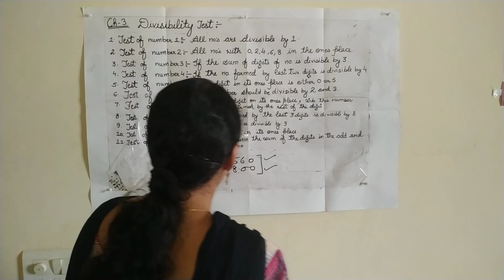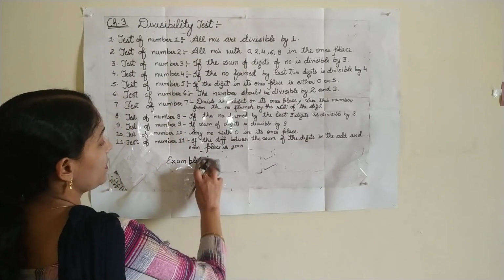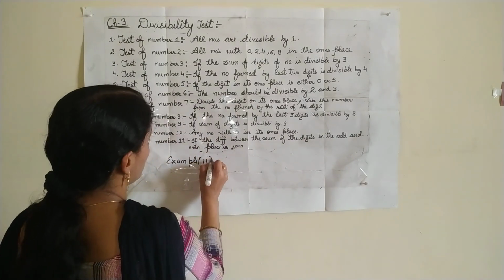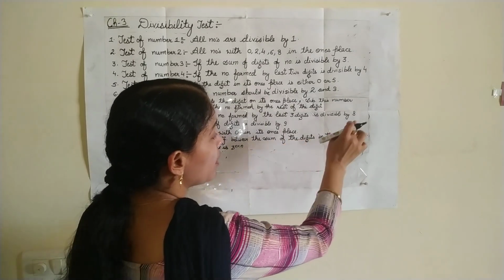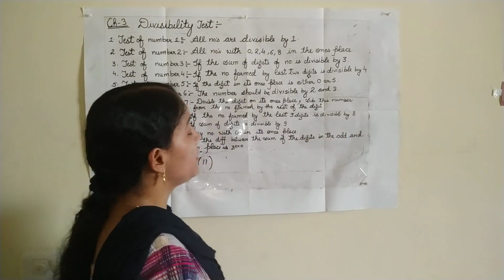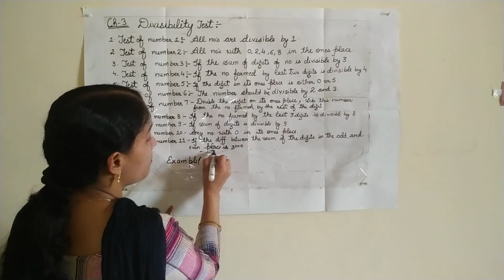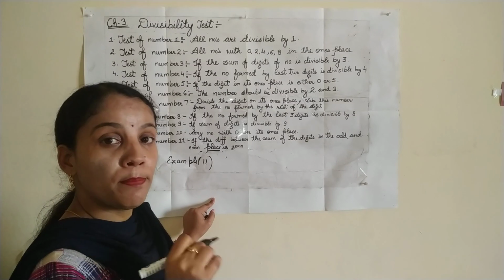The next is the divisibility rule for 11. What is the divisibility rule for 11? If the difference between the sum of the digits in odd and even places is 0. Now you have to check the places.